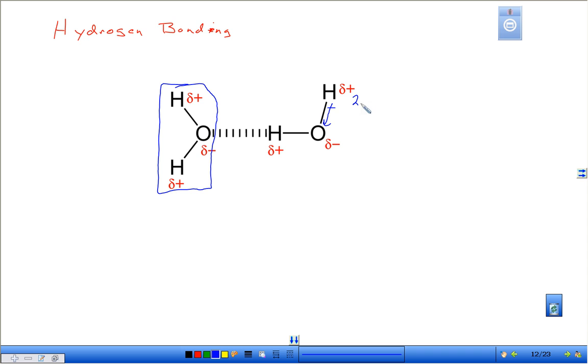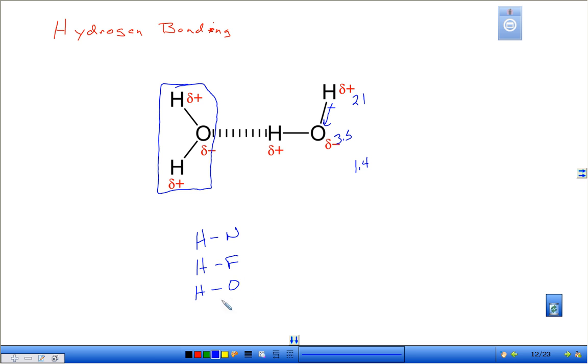If you remember, this is 2.1 and I think this is 3.5, so we get a 1.4 difference. This 1.4 difference is extremely polar, and because of how extreme it is, it has a great magnetic attraction. Now, hydrogen bonding only occurs when hydrogen is bonded to a nitrogen, a fluorine, or an oxygen.